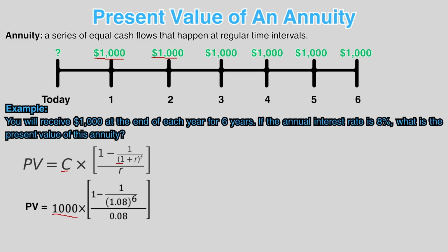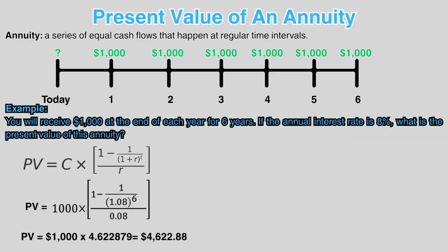The 1 plus r is the 1 plus the 0.08, which remember our r was 0.08 because our interest rate is 8%. So 1 plus 0.08 gives us 1.08, and we know our t is 6, so we do it to the exponent 6. So that's our numerator. Then we divide that whole numerator by r, so 0.08.